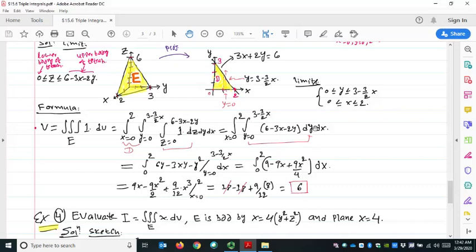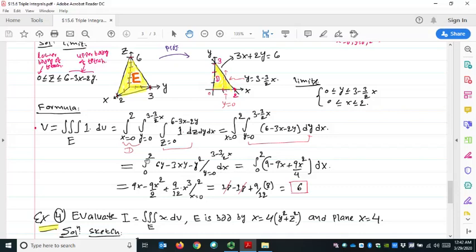Next, let's integrate with respect to y. Write down the x integral. 6 becomes 6y, minus 3x becomes minus 3xy, minus 2y becomes minus 2y squared over 2, which cancels to simply minus y squared, and put in the y limits, y equals 0 to 3 minus 3/2 x, times dx.